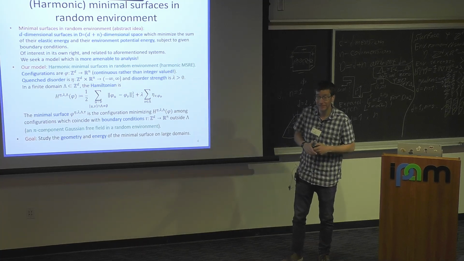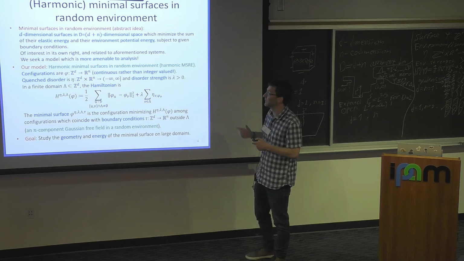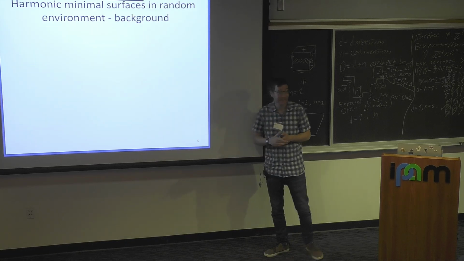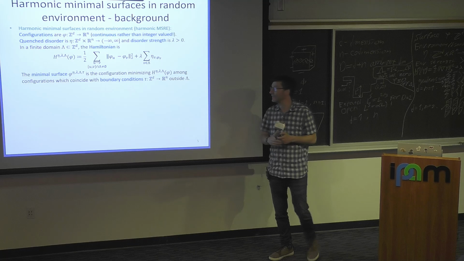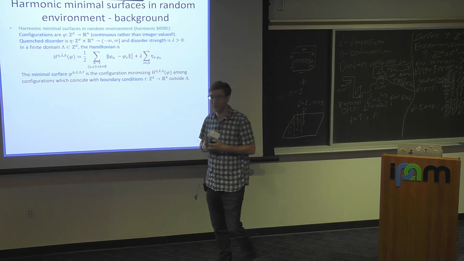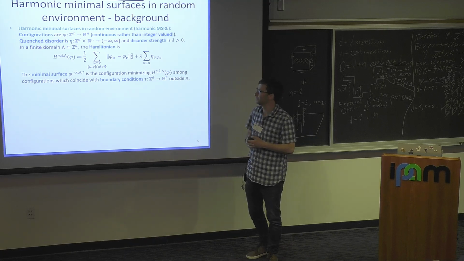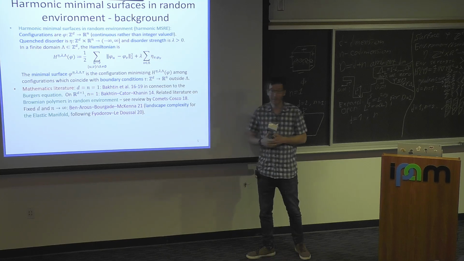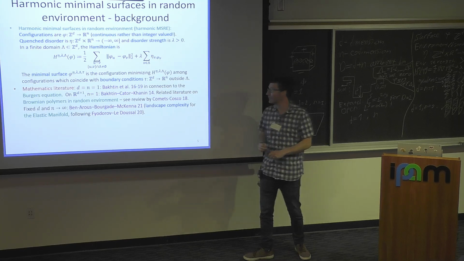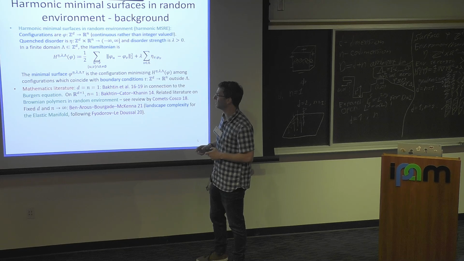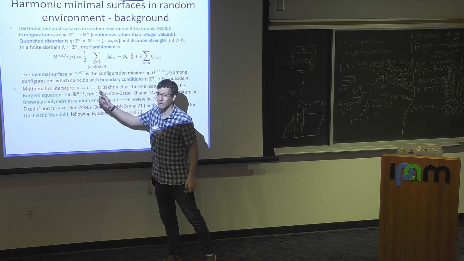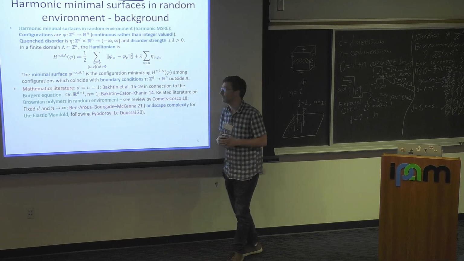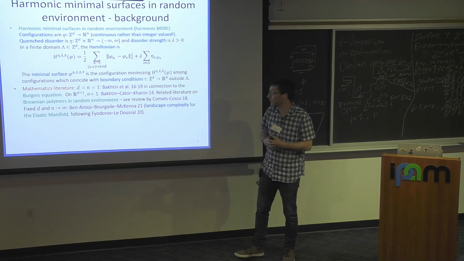Previously, there has been some investigation of it. It was called, as we will see now, the elastic manifold or the inviscid Burgers equation with kick forcing noise. So you can choose which one you prefer. So here is some literature on this model. In the mathematics literature, it has mostly received attention when d and n equal 1, under the name of the inviscid Burgers equation with kick forcing noise.